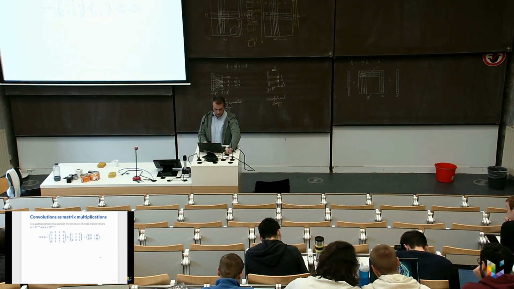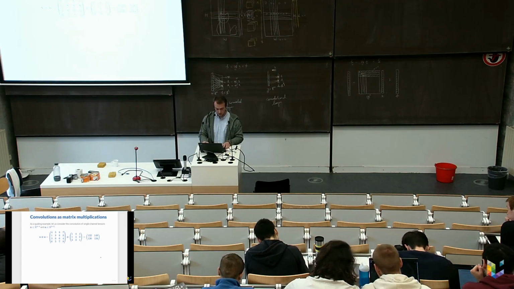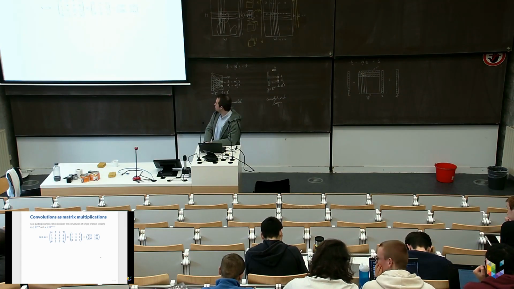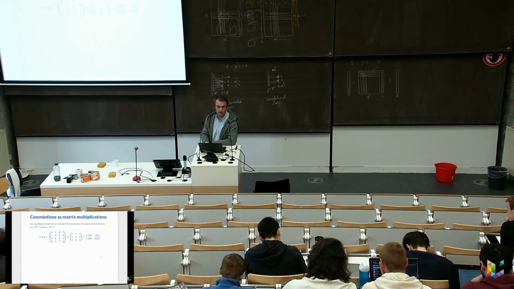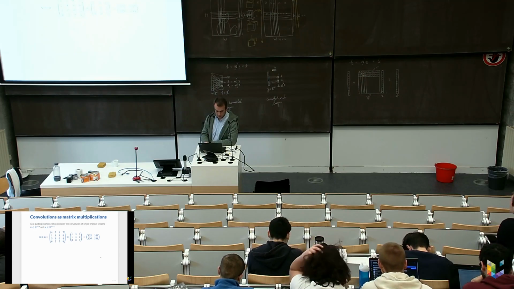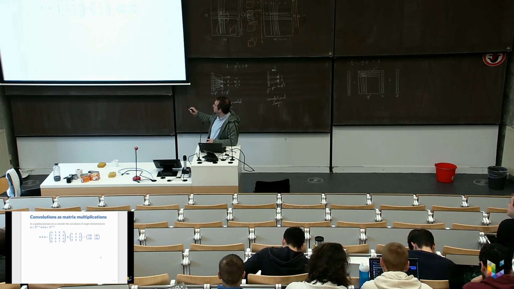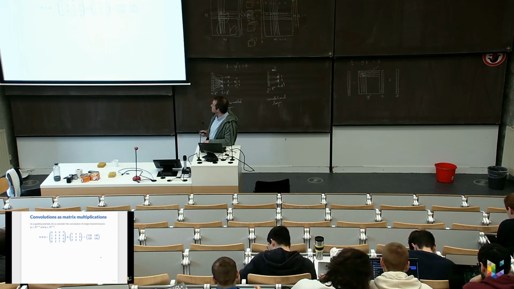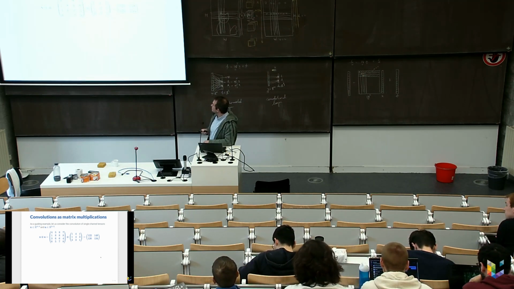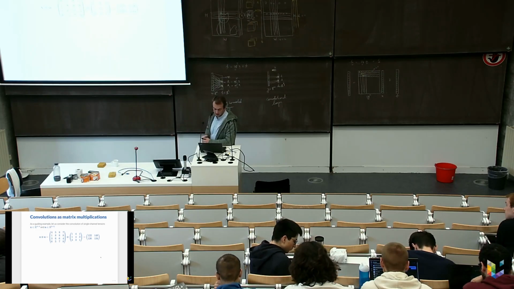In the next slides, you have the mathematical derivations, which show that indeed you can re-express convolutions as matrix multiplications. The example I take is a 4x4 matrix and a 3x3 kernel. Their convolution is a 2x2 matrix.